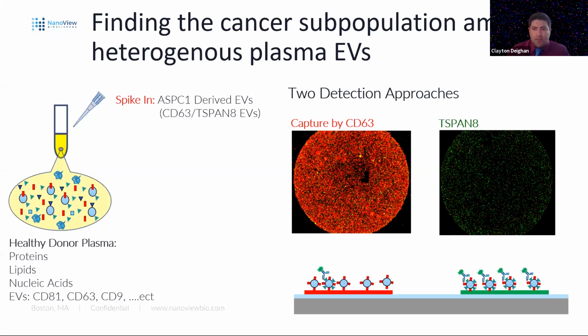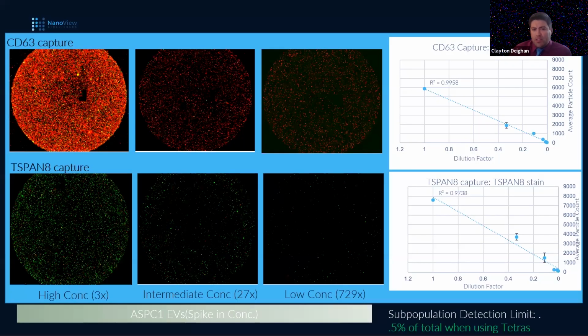There's the one where we capture on CD63, like we have been with CD9, and then look at, in this case, ASPC1, akin to the HER2 experiment. But we'll also capture on TSPAN8, and there we remove the predication that these EVs need a tetraspanin in order to come down on the spot. There we'll just capture on TSPAN8, probe for the tetraspanins and TSPAN8, and see what our counts are like. So, two different detection schemes, and how do those help you when you dilute this through?